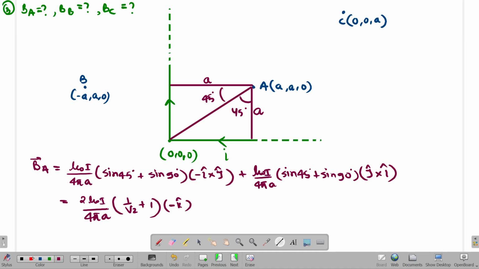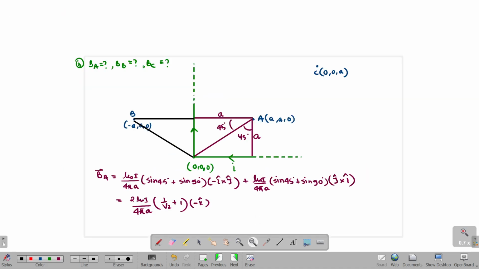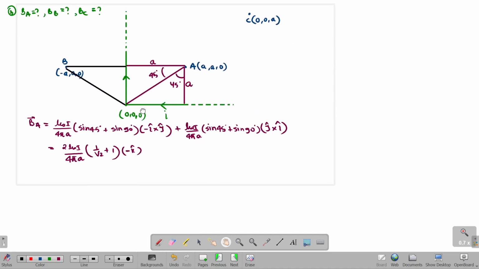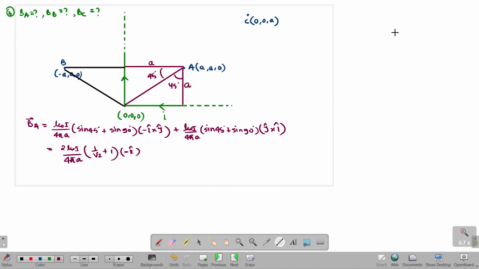Similarly, if I want to calculate the magnetic field at B, if I join like this, now see, for one of the wires it is a semi-infinite case, but for the other wire it's not like that, isn't it? If you look at point B, basically, if I take these wires, then point B is like this, isn't it?